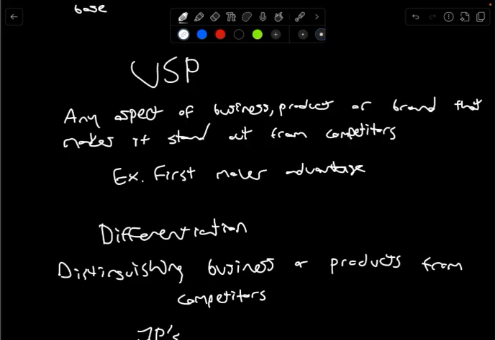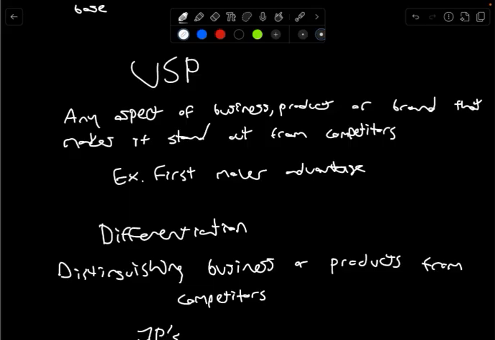Or, for example, BMW is known for the driving dynamics. Or maybe Ryanair known for their cheapest flights. So it is mainly defined as any aspect of business, product, or brand that makes it stand out from their competitors.